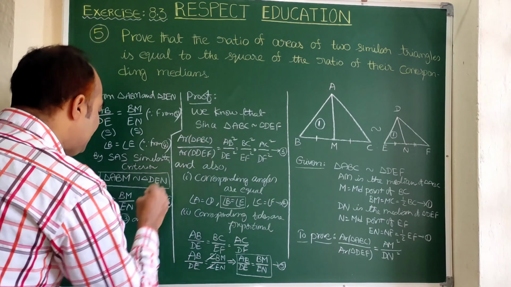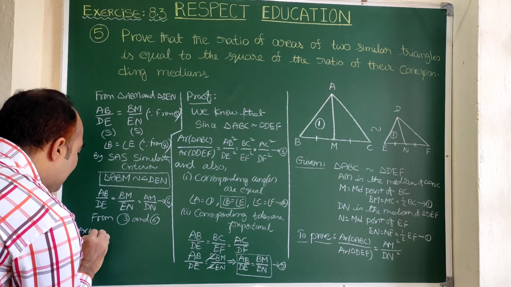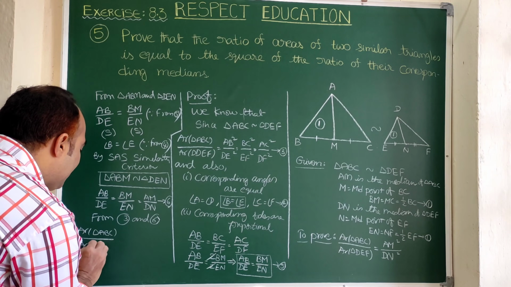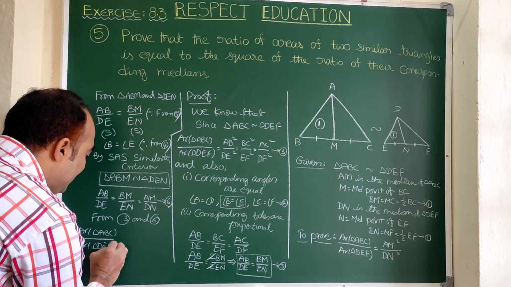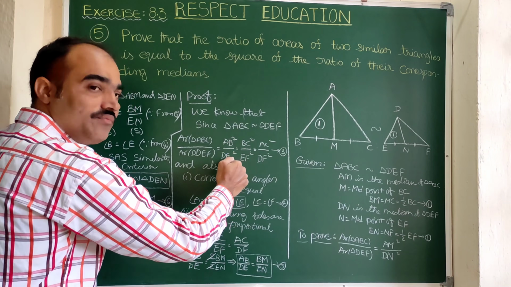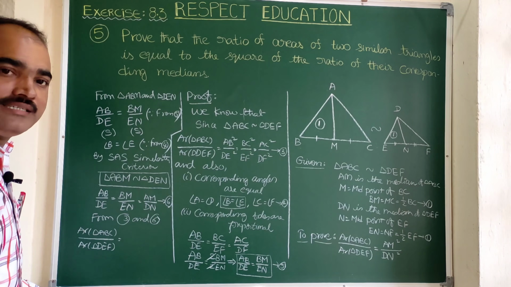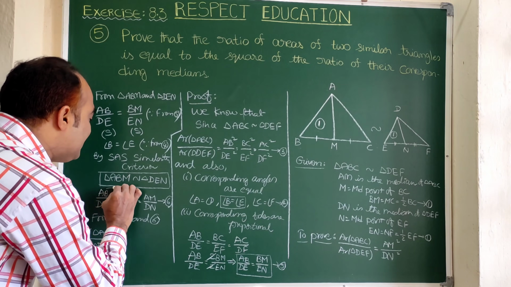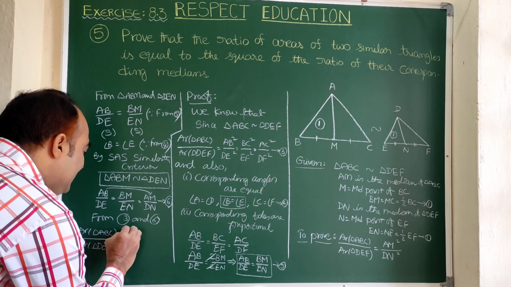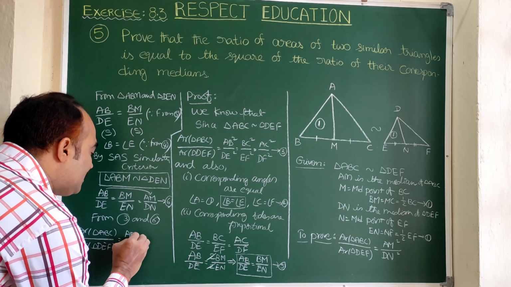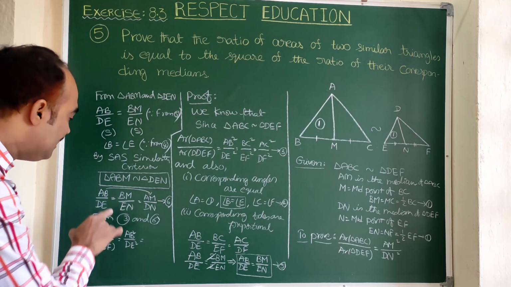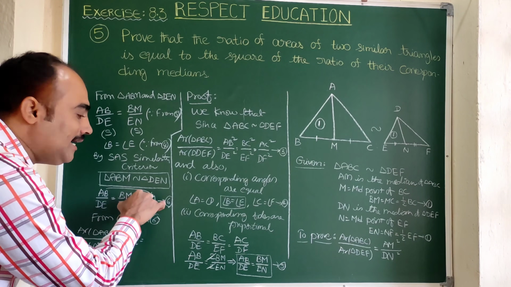Equation 3 says that area of triangle ABC by area of triangle DEF is equal to AB square by DE square. Equation 6 says that AB by DE is nothing but AM by DN.